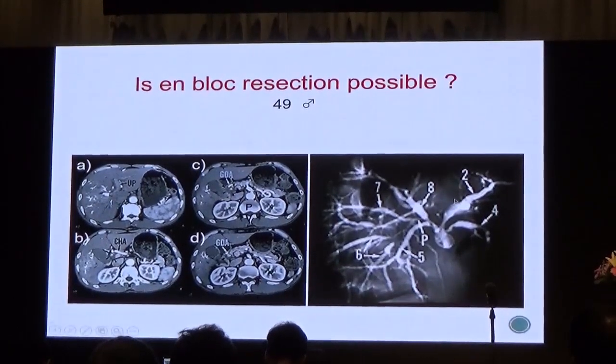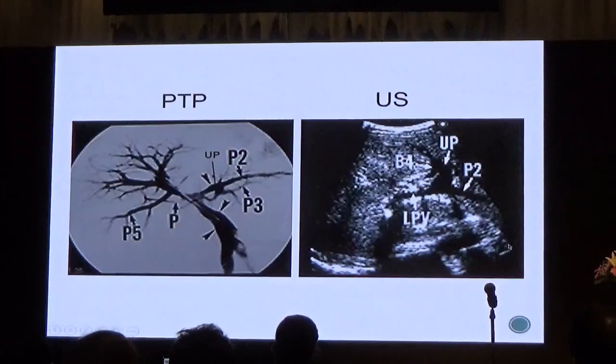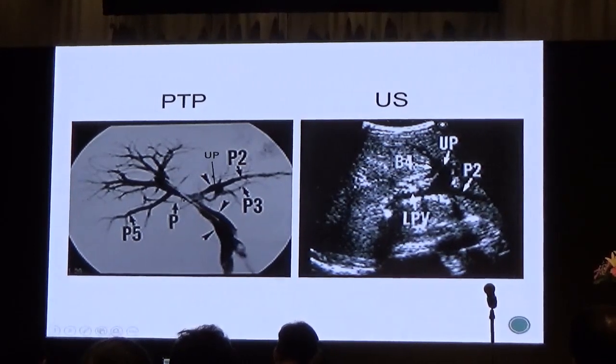But I thought this can be dissected by right hepatectomy here. PTP shows a diffuse cancer invasion above the bifurcation of right anterior and posterior.